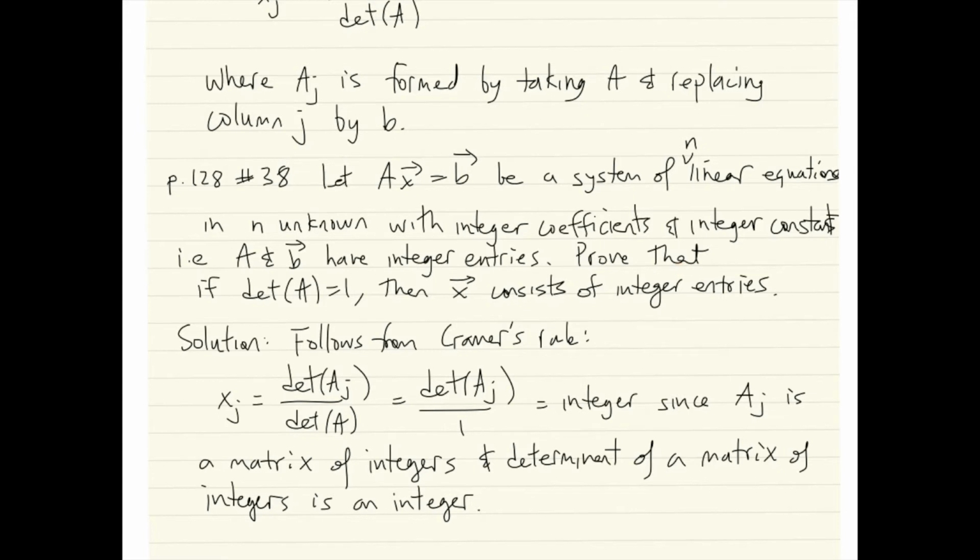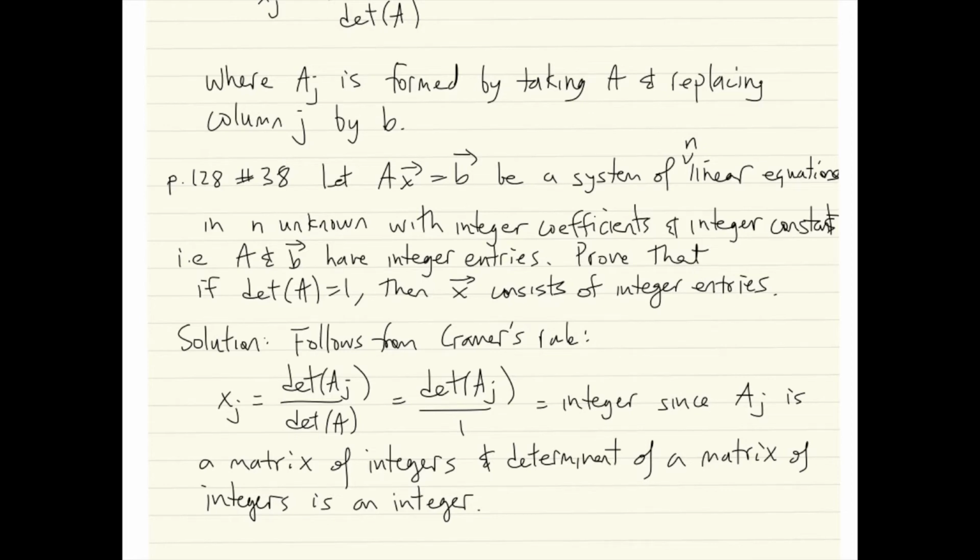Prove that if the determinant of A is equal to 1, then the vector x consists of integer entries. In other words, prove that a system of linear equations with integer coefficients such that the determinant of the coefficient matrix is 1 has integer solutions.